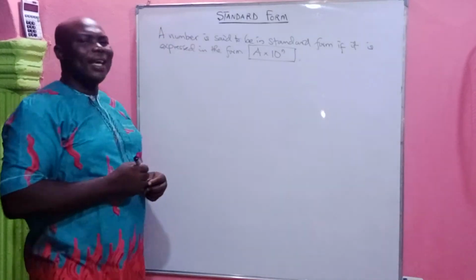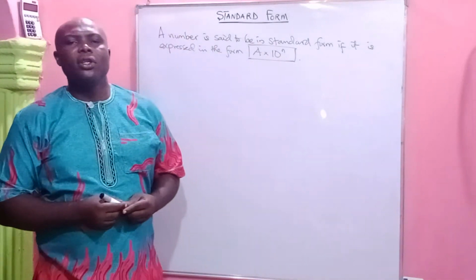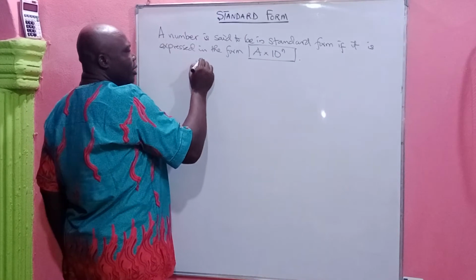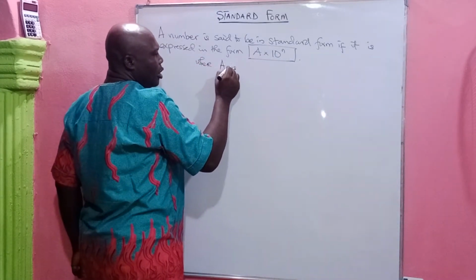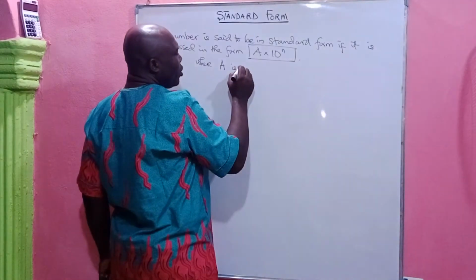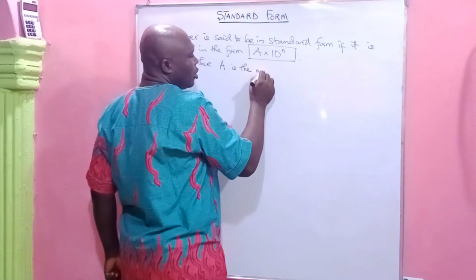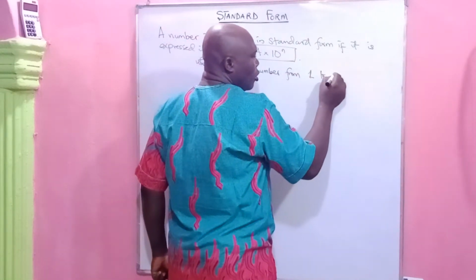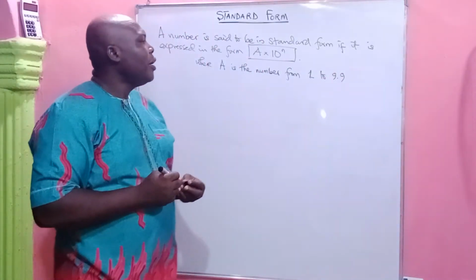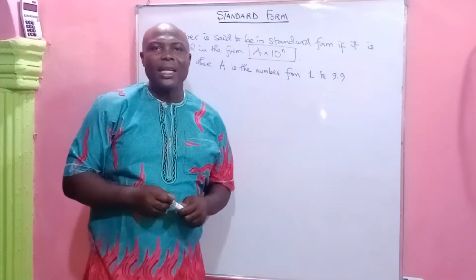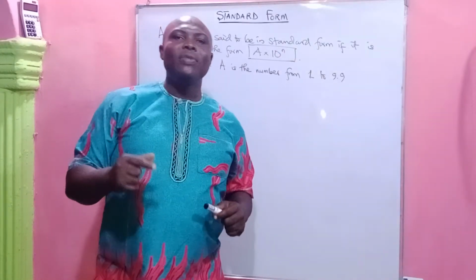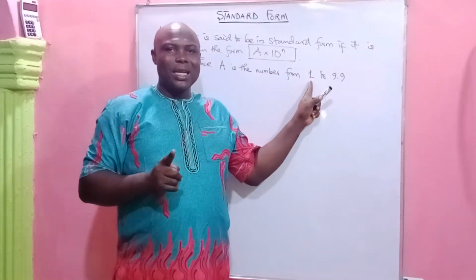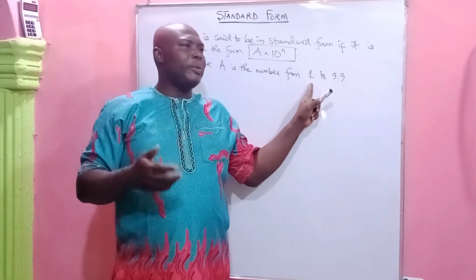If a number is expressed in that form, a times 10 raised to power n, it means that number is in standard form, where our a is a number from 1 to 9.9, meaning that whatever number is given, you are to move the decimal point to a position where the number will either be 1 point something, 2 point something, as the case may be, to 9.9.